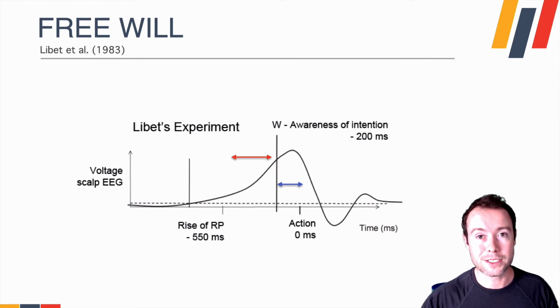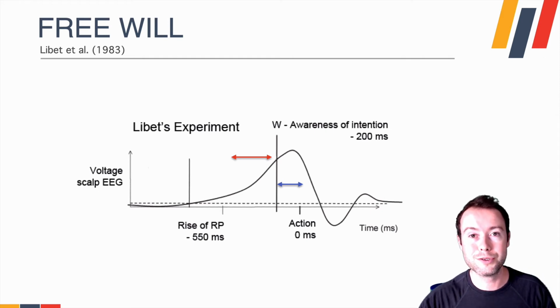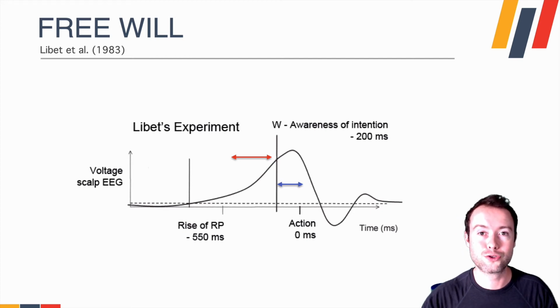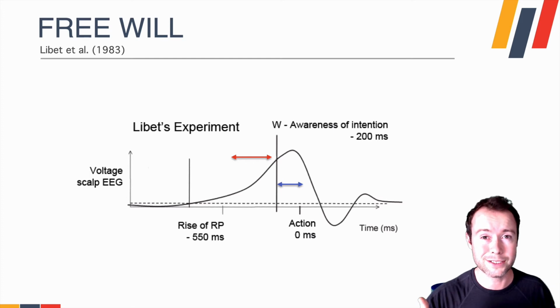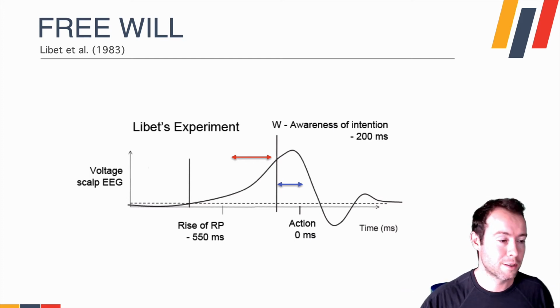So the argument here is that there has to be some unconscious process going on that is driving our decision to move our finger that precedes the conscious awareness of us willing or wanting to initiate the action.